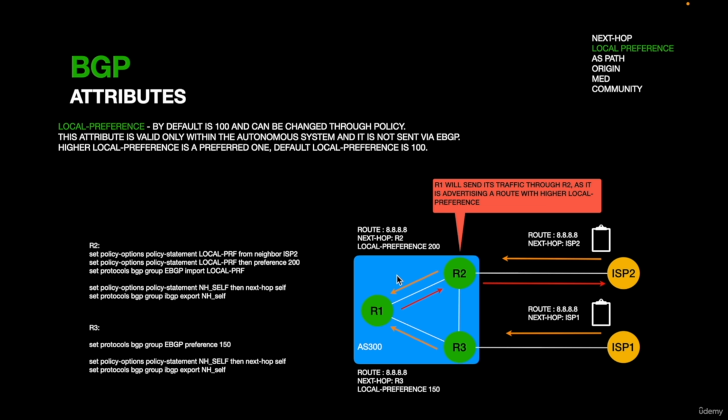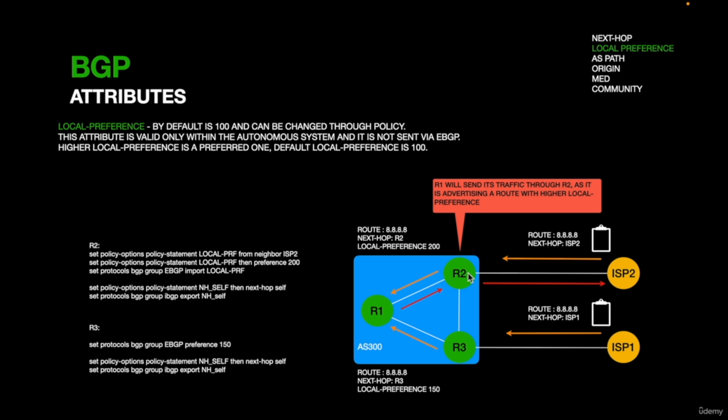So let's check this case here. We have two ISP routers which will send the route to the Google DNS server, and in the route it will state that the next hop is ISP2 for this route and ISP1 for this route. So the routes will be learned by R2 and R3.